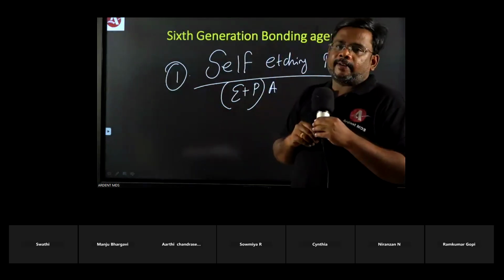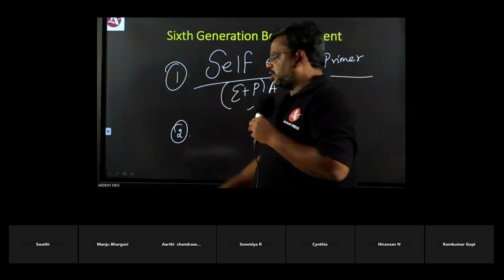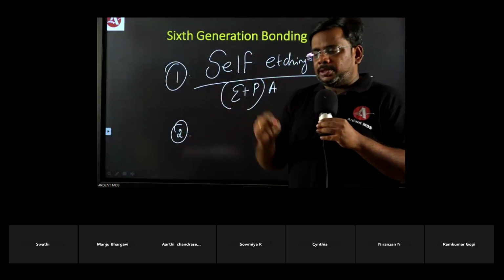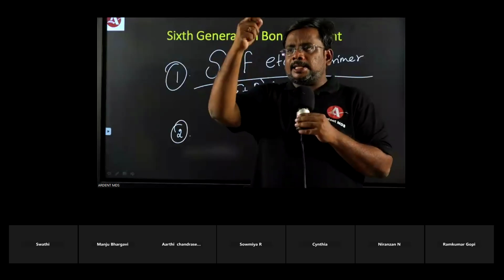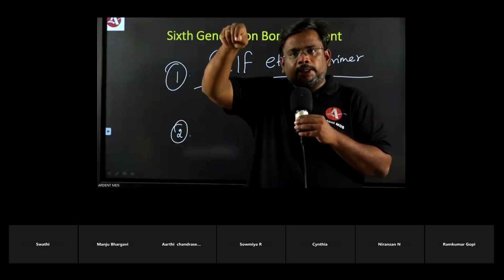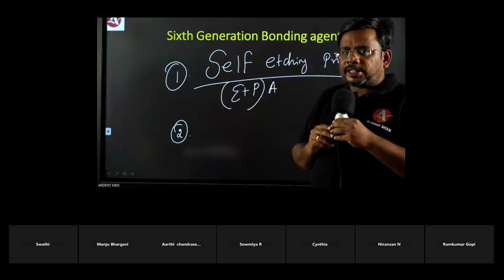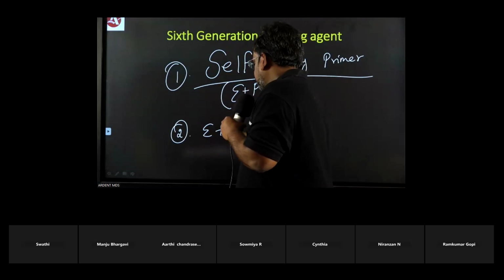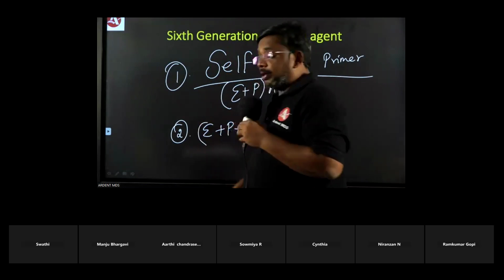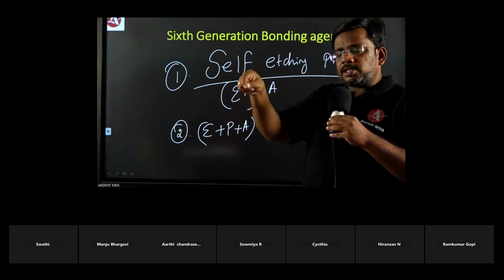There are two models available in the sixth generation. In the second model, you take an etchant, a primer, and an adhesive, mix them all together, apply over the tooth surface, and then give the composite restoration. They are available separately, but you mix them together and apply.